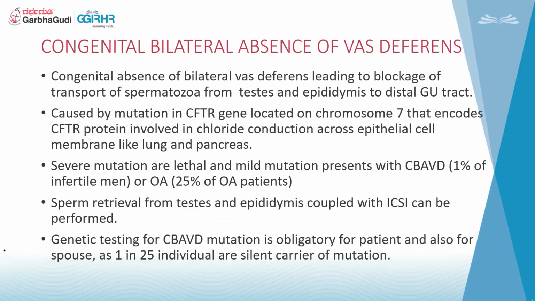Coming to congenital bilateral absence of vas deferens. Congenital absence of bilateral vas deferens leads to blockage of transport of spermatozoa from the testes and epididymis to the distal genitourinary tract.